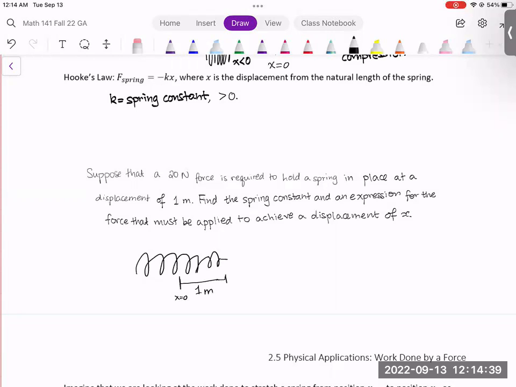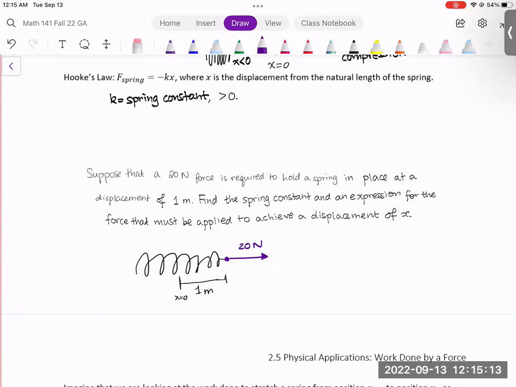In order to hold this spring in place, we need to apply a 20 Newton force. What that means is that somebody is tugging on this spring with 20 newtons to the right. What we would like to do is find the spring constant and an expression for the force that must be applied to achieve a displacement of x, just in general.